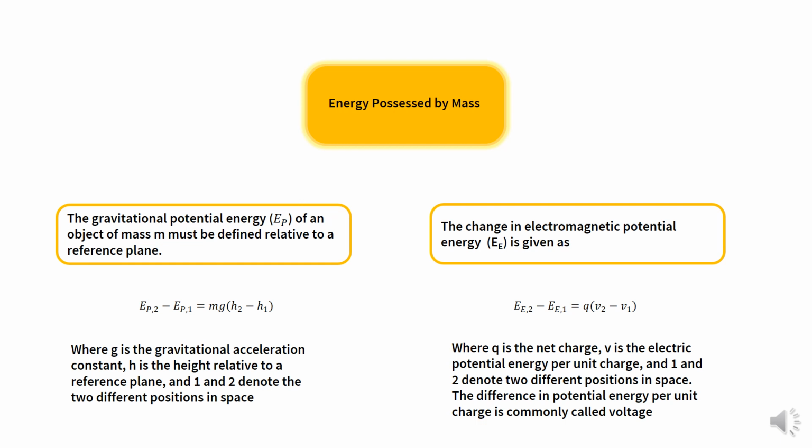The difference in potential energy per unit charge is commonly called voltage. We can also calculate the rate of change of the gravitational potential energy and of the electromagnetic potential energy, and these are symbolized by using a dot.